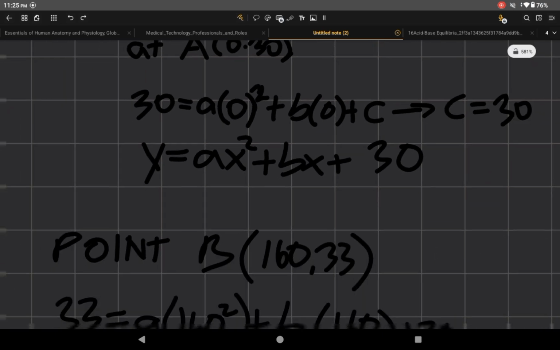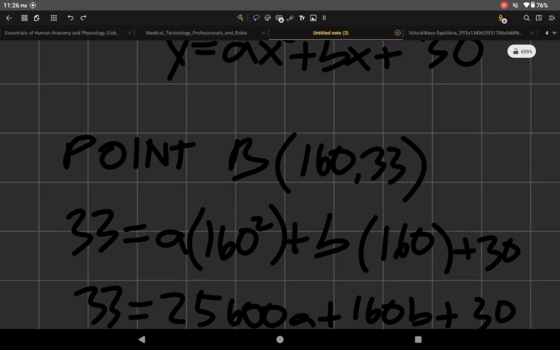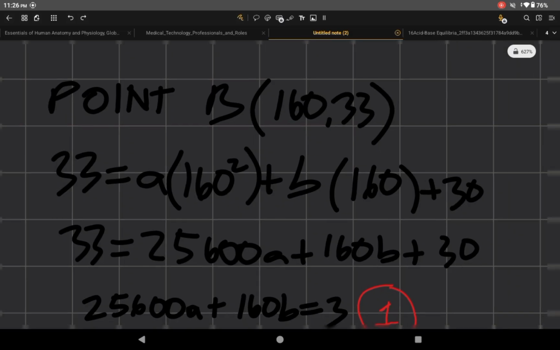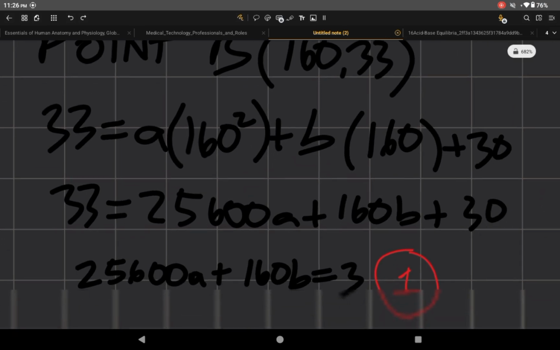Okay. For point B, the x and y of point B is 160 and 33. Okay, substitute in the formula using the coordinates of point B. So it's 33 is equal to a times 160 squared, the x coordinate of point B, plus b times 160 plus 30.